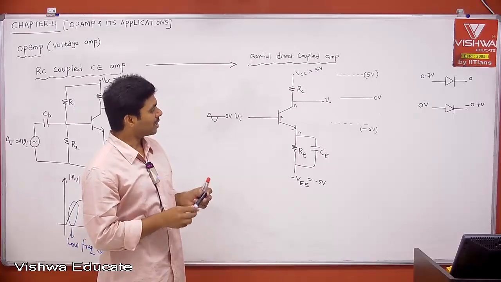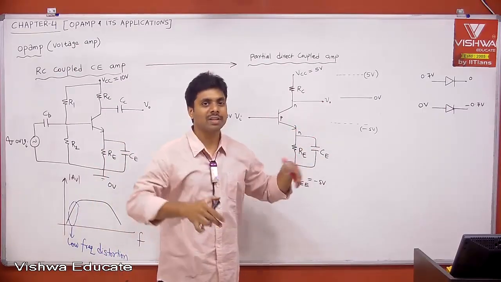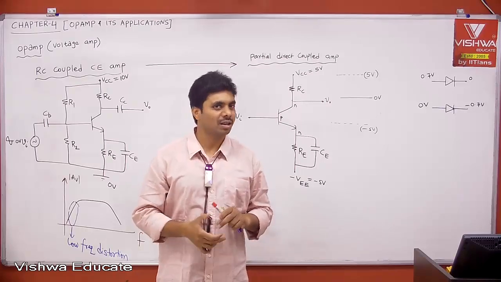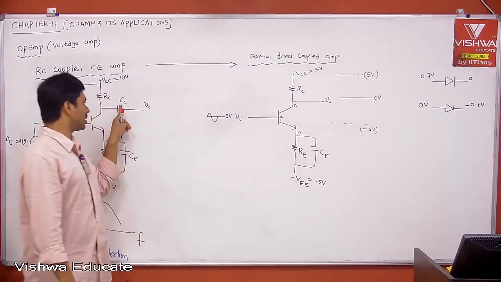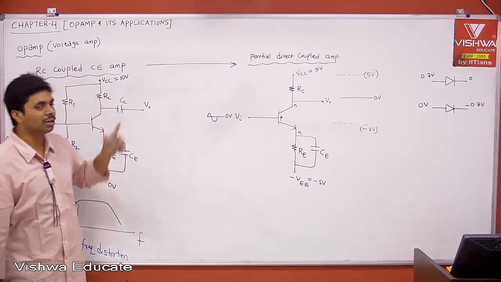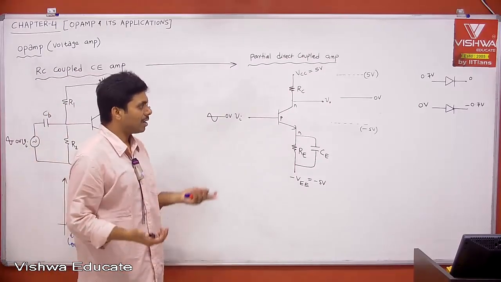Therefore, what is your output signal? Now your output signal does not have any DC voltage. Then do you want to block the DC signal? No. Earlier we used capacitor CC to block the DC from the transistor output and only pass the AC signal to the load. Now I don't have DC.